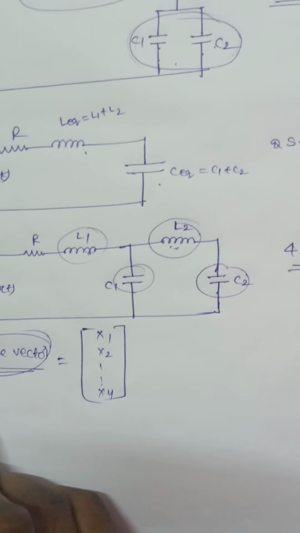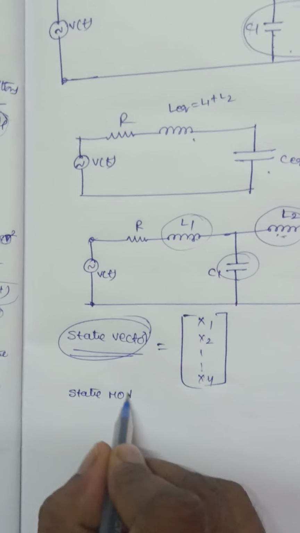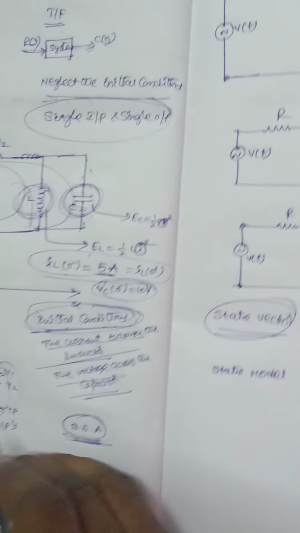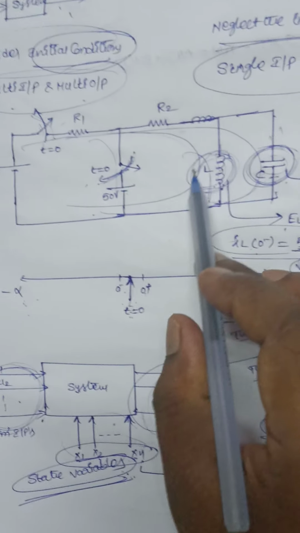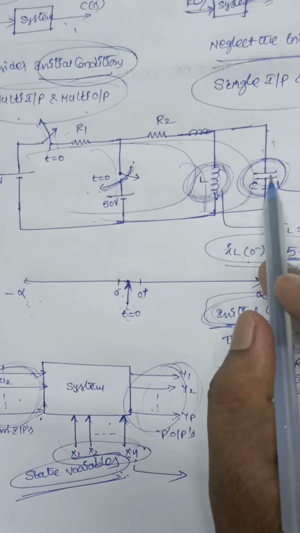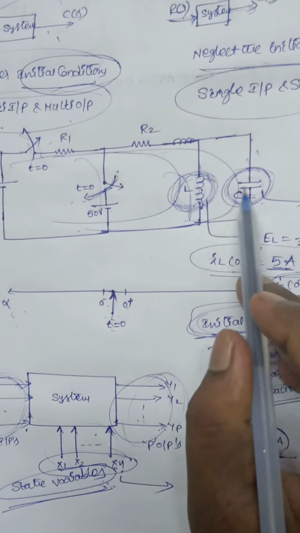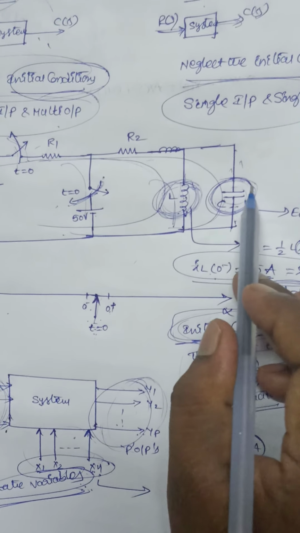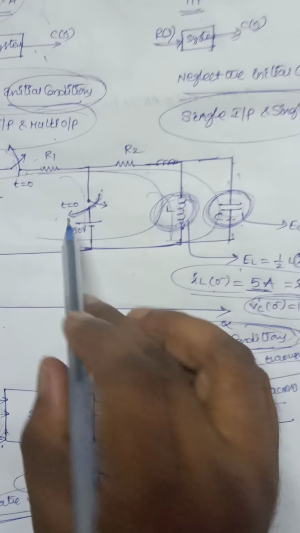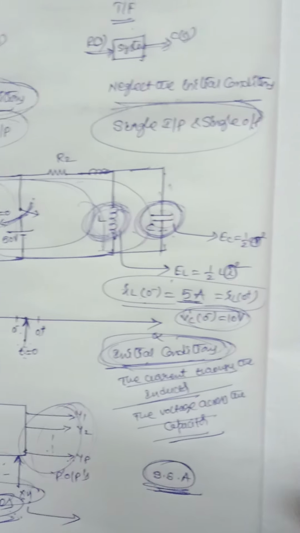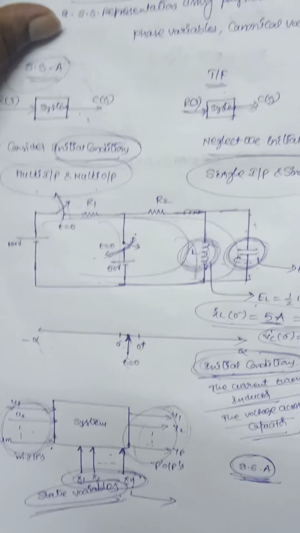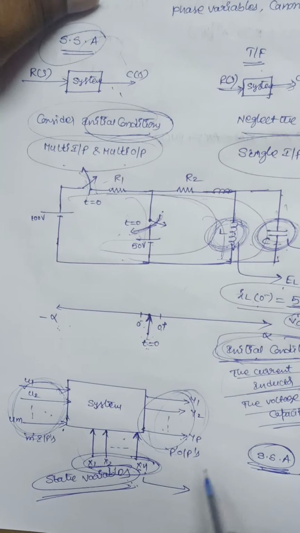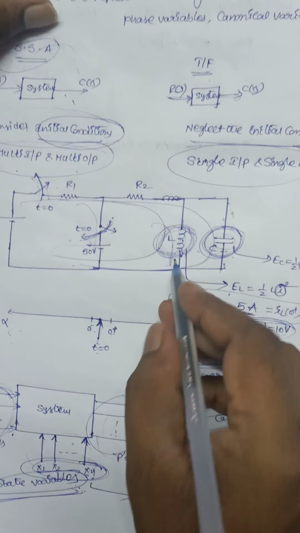Next, state model. The changes in the initial conditions, that means the change in the inductor current and the change in the capacitor voltage because of the switching action, can be a function of the inputs and also the previous states.